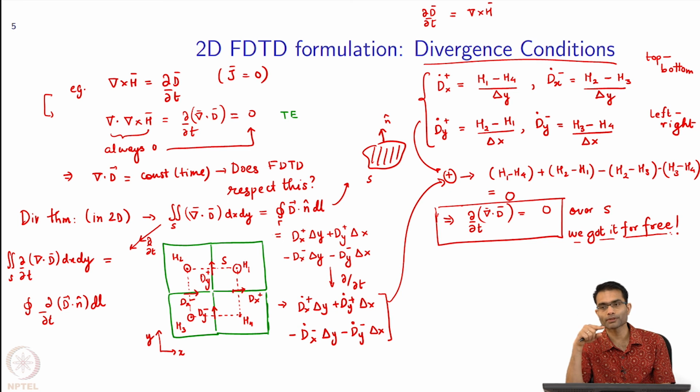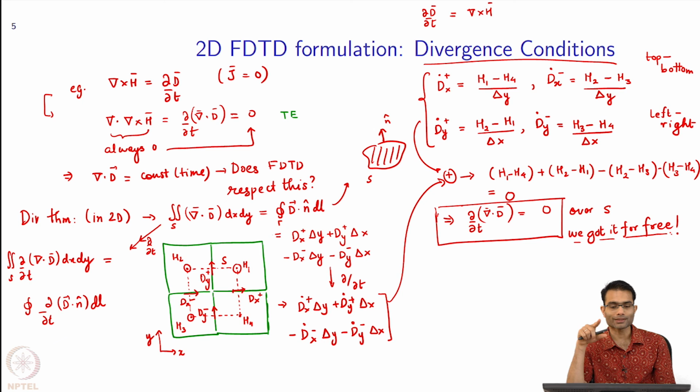So, the dot product will give me 0. Yeah, the other divergence condition will be easier in TM. Yeah. So, this is in the case of TE polarization, you could show that divergence of D remains constant. In the TM polarization, we will be able to show that divergence of magnetic field remains conserved. Yeah, that's also true.